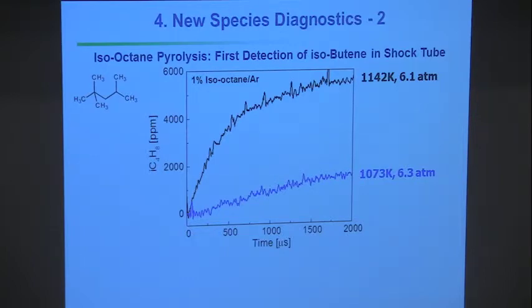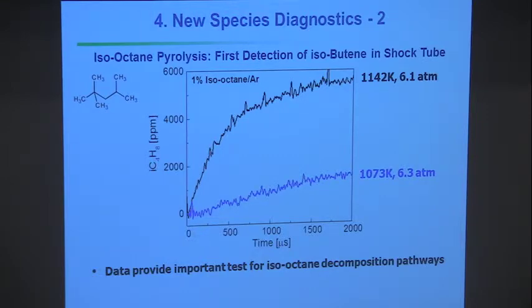Let's see, I'm losing track of what, these are 2 different temperatures. So if you do this at 1073 versus 1142, you can see how strongly temperature sensitive this reaction is. Go from isooctane to isobutene. So you start over here, and then you produce isobutene. So these reactions are extremely temperature sensitive, which reminds you why you have to be so careful about what the temperature is in your experiment.